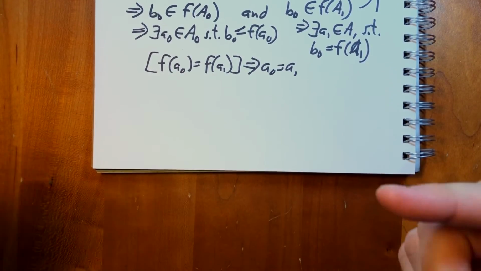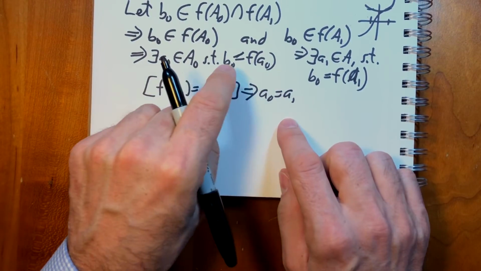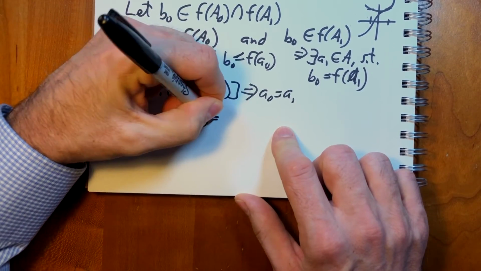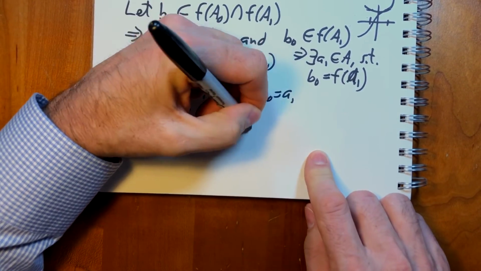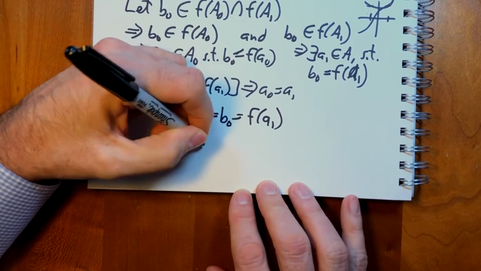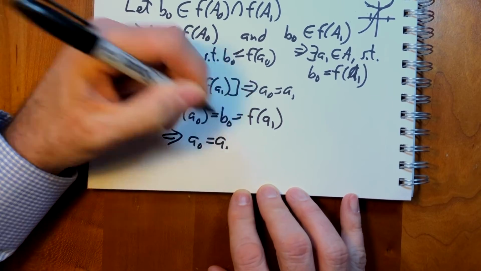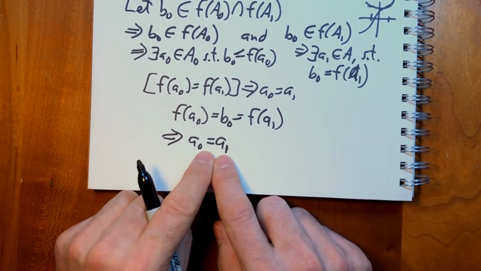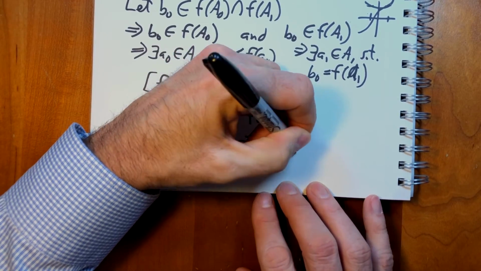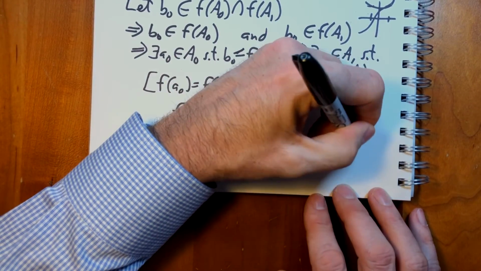So this is exactly what we have here, right? f of a0 equals b0, and it also equals f of a1. Since we know that f is injective, that means that a0 equals a1. So since these are the same value, both are in the intersection of A0 and A1.